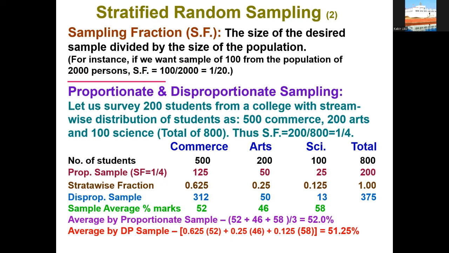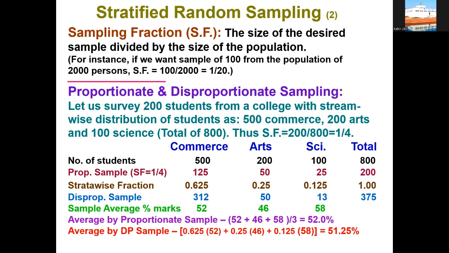So see here, let us survey 200 students from a college with a stream-wise distribution of the students as 500 commerce, 200 arts, and 100 science. So in total there are 800 students in a college.